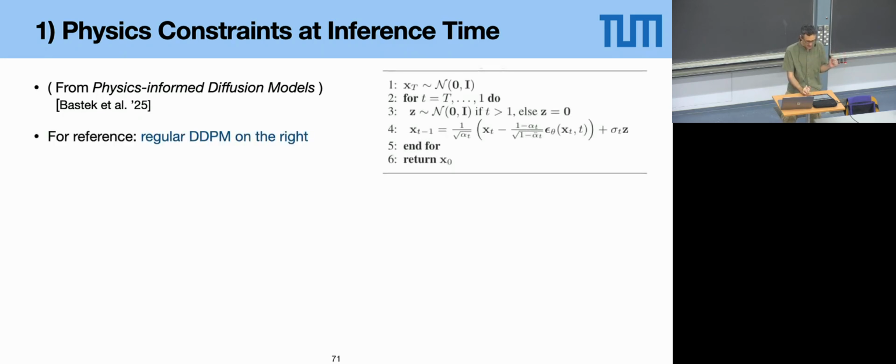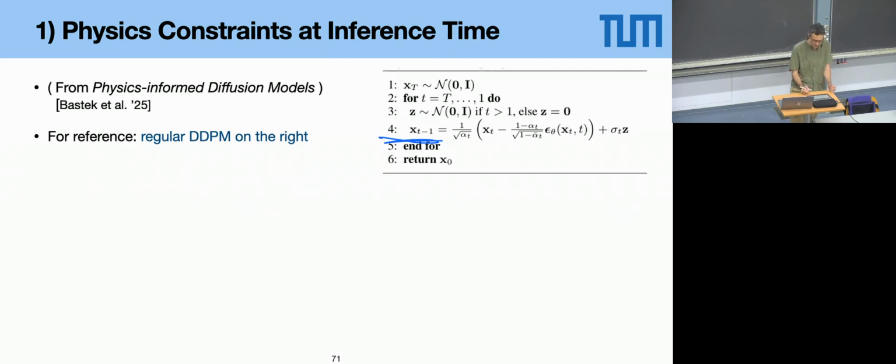If we're looking at inference time, so we're basically training a normal generative model, DDPM for example, potentially also would work for others, then what we can now do, this is just the normal DDPM inference procedure repeated from before, right? So we have our noise samples, we have the predicted noise subtracted, being added. Intuitively, what you can do is, after this step here, we have a new sample, right?